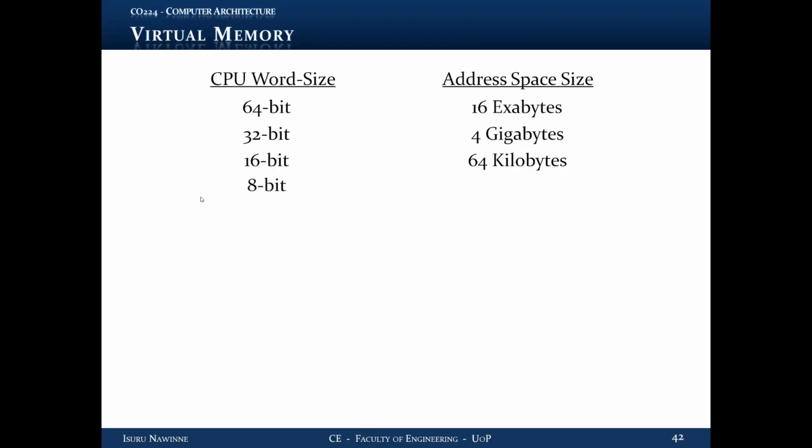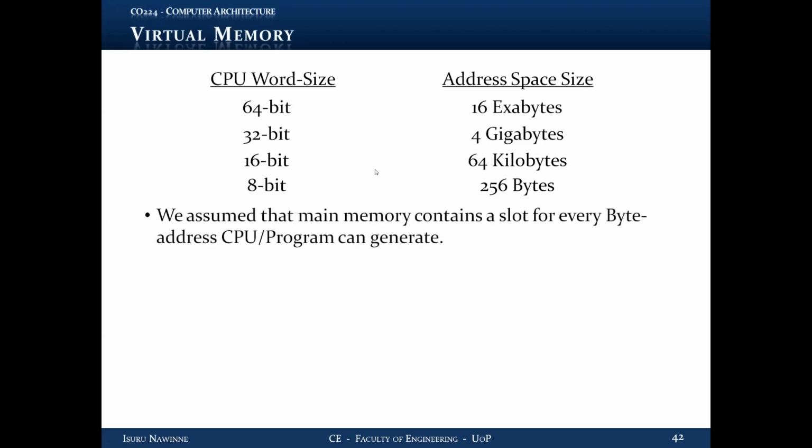You go another step back, 8-bit computers like the one that we are building in the lab can only address up to 256 bytes, right? Really small number. So these are the address space sizes, in other words, the maximum size of memory that can be addressed by the corresponding CPU architecture, from 8-bit to 64-bit.